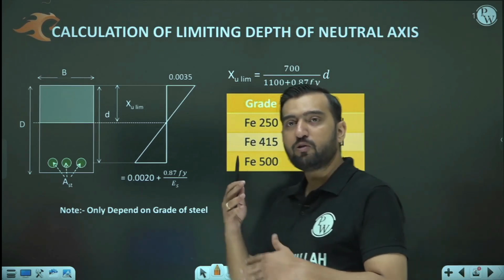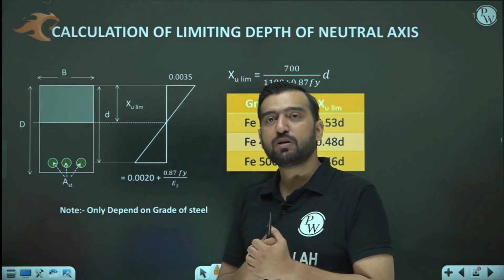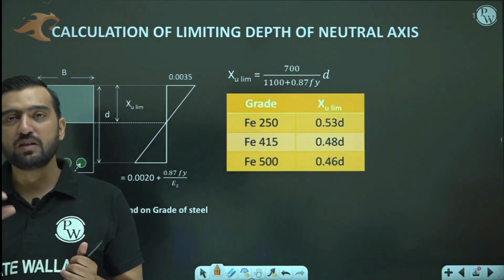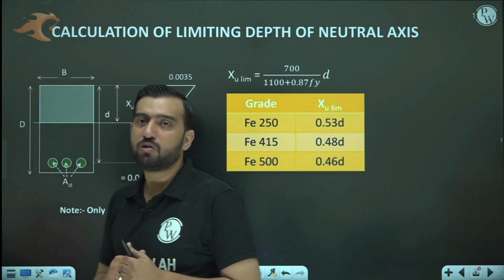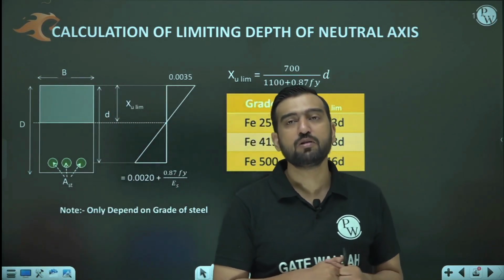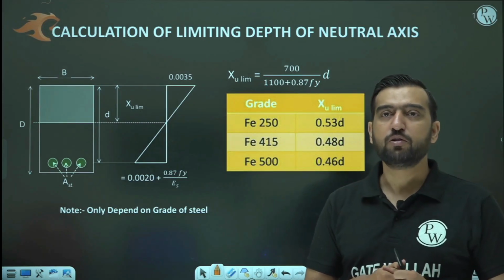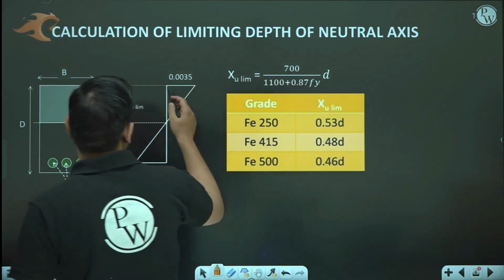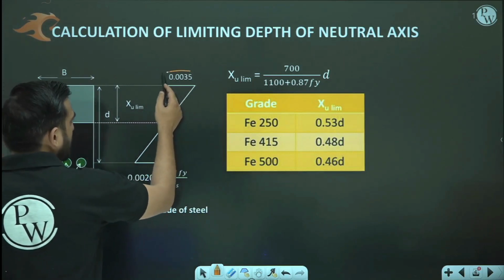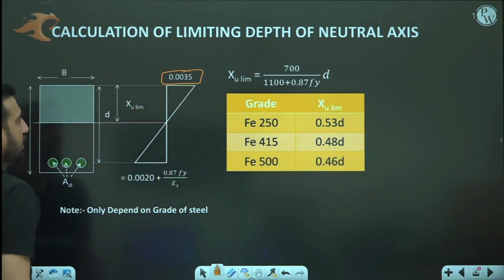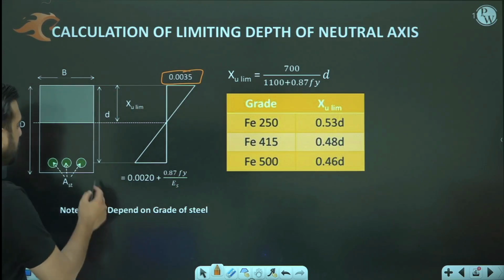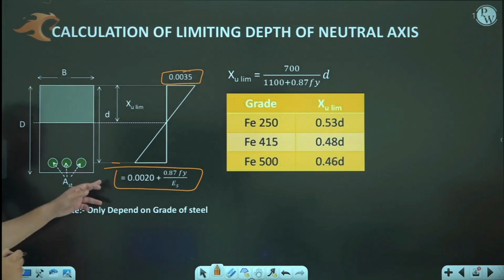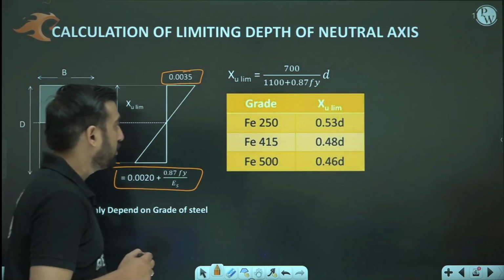If we get these corresponding strains in concrete and in steel respectively, then such a depth of neutral axis is called the balanced depth, or limiting depth of neutral axis. So the limiting depth of neutral axis is the depth when the strain at the outermost concrete fiber is 0.0035 and the strain at the level of CG of steel is 0.002 plus 0.87 Fy upon Es.